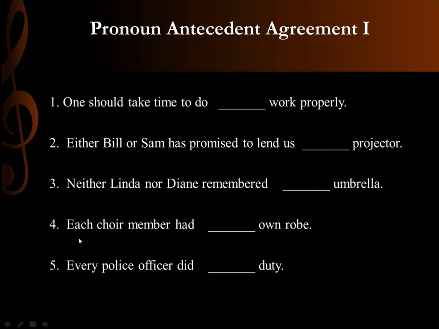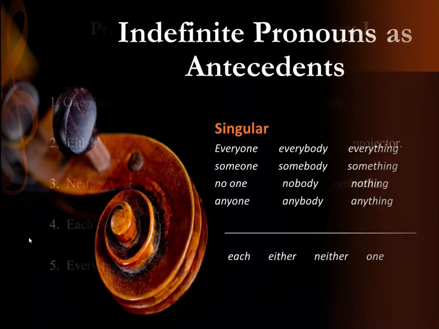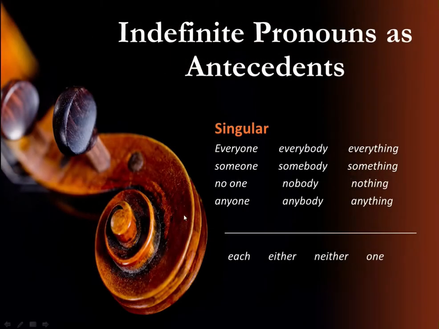Since we're talking about these words that can be singular indefinite pronouns, let's review that and see how it works with our pronoun agreement. First of all, here are the pronouns that you memorized in subject-verb agreement. Everyone, everybody, everything. And remember, I told you to memorize the pattern first, one, body, thing, because it repeats itself over and over and over again.